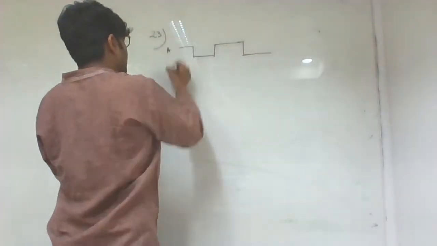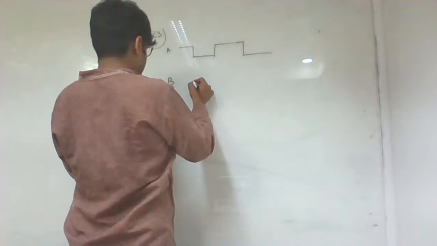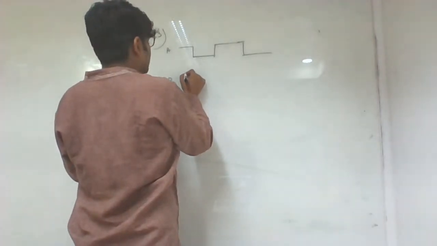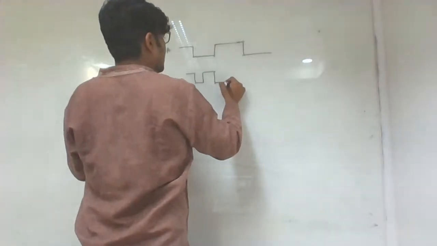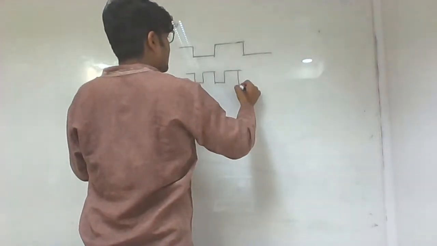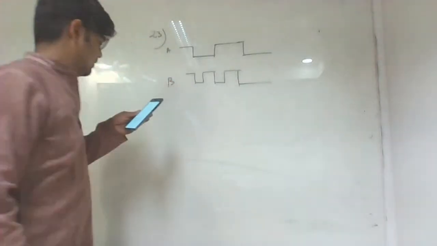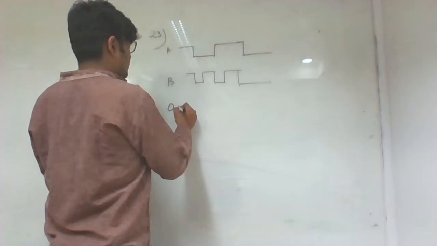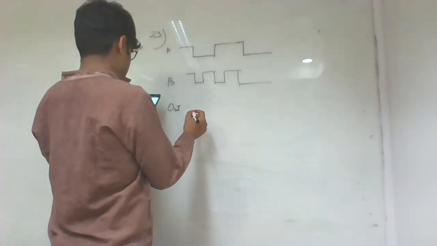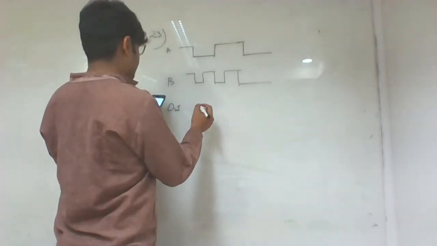Input A, input B is somewhere half cycle. And the output is 1.5 cycle.